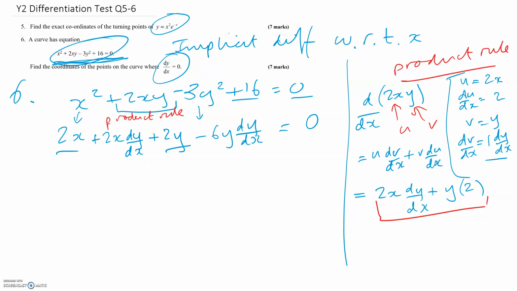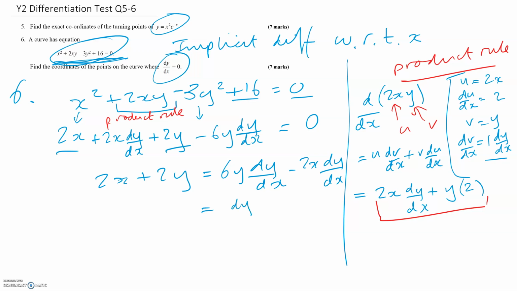Let's put the dy by dx on the other side. So we've got 2x plus 2y. It doesn't really matter, but let's put the dy by dx's on the other side. And then we've got 2x dy by dx. If we factorize now to take the dy by dx out, we'll have dy by dx times 6y minus 2x.